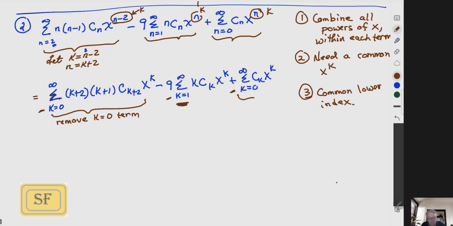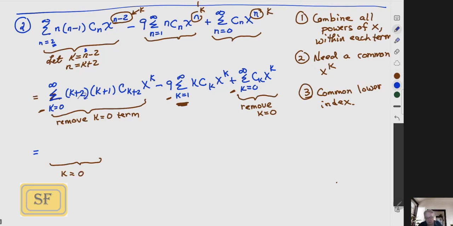For that last summation too, we need to remove the k equals 0 term. So I'll rewrite this, and I'll highlight my k equals 0 term here so that it's easy to pick up later.